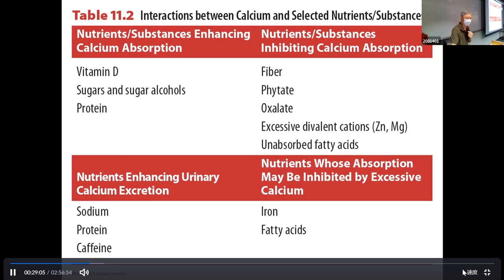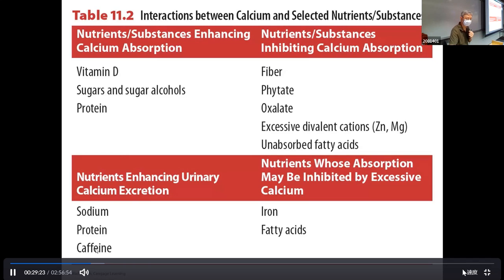Now, again, these are established facts. For example, that sodium, protein, caffeine will increase calcium excretion.